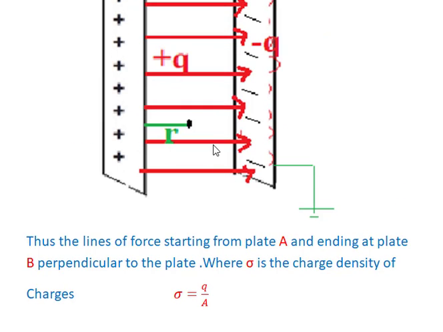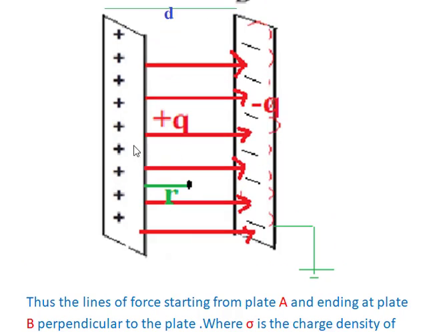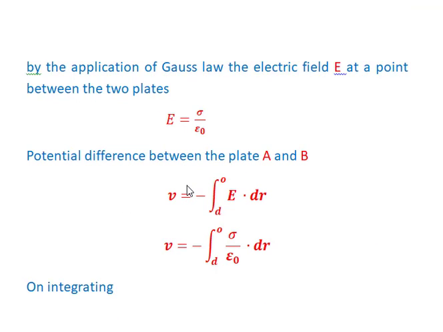The point is here, at a distance R from the plate A. So the point is taken in the air medium between plate A and plate B. At this point, the electric field is calculated.